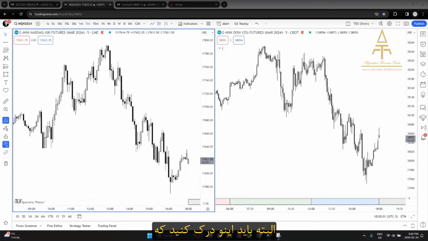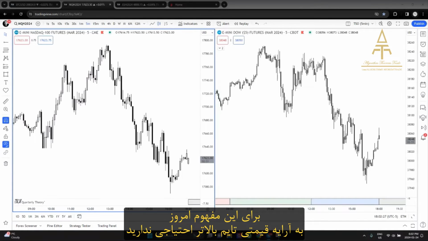You need to understand that not all of these concepts can be used in every single price swing. There have to be certain conditions met for these things to work.